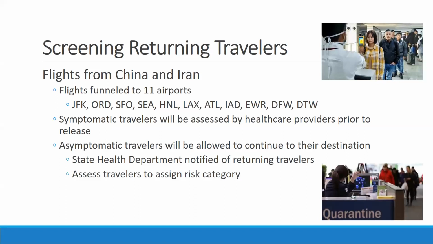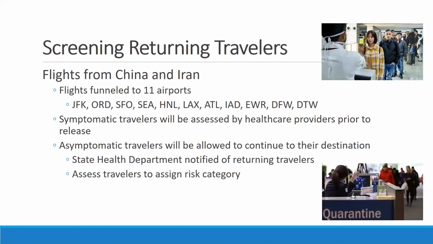So the way this monitoring is taking place is that people returning to the US from China and Iran are being funneled to 11 airports, and those airports are listed on this slide. When they arrive at those airports, they're being assessed for symptoms. If someone's sick, they're being referred for health care, and if appropriate, they're being tested before they're being released to travel to their destination.